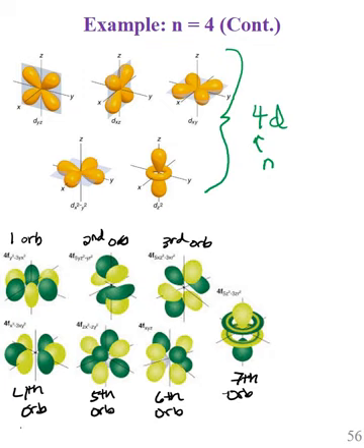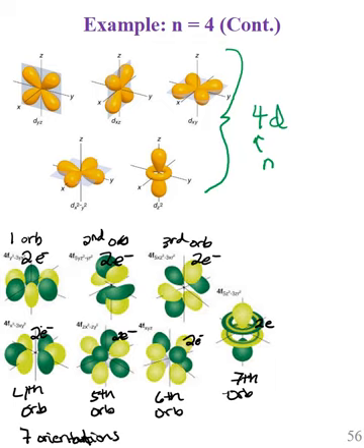So that means you have 7 orientations. Okay, now how many electrons are in each orbital? 2. So each one can hold a total of 2 electrons. If you add all of them up, you're going to get a total of 14 electrons in the F shell.